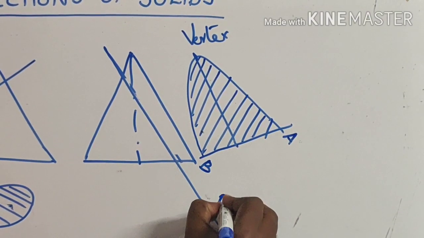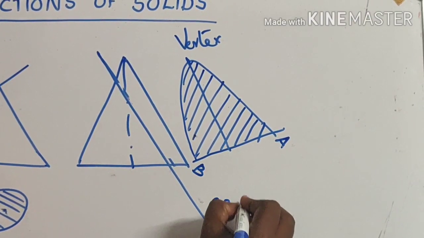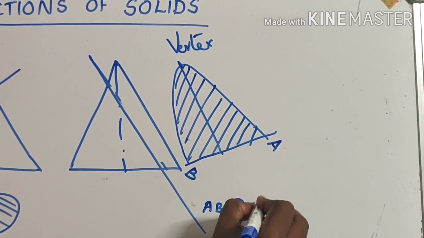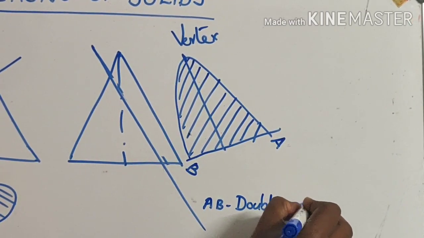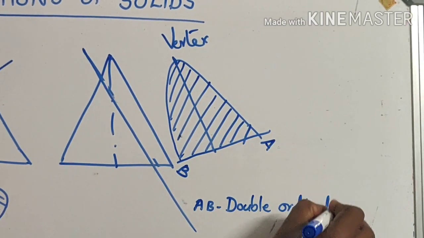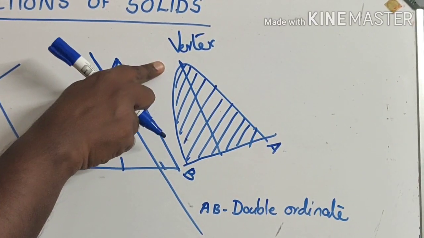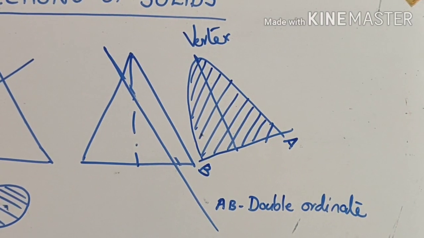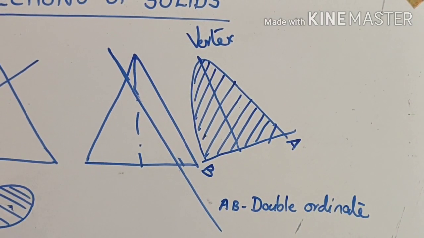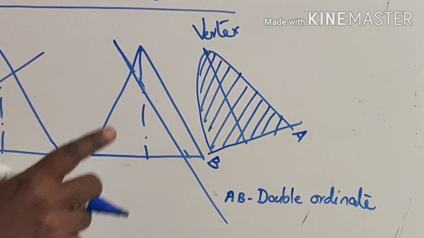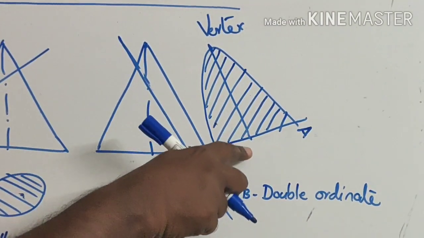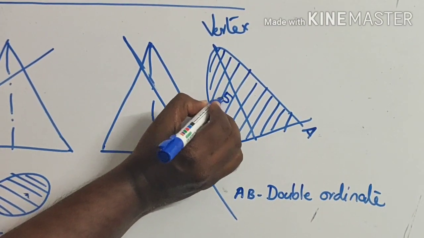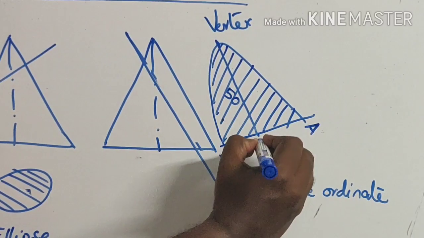So AB is known as the double ordinate. The distance from the vertex to the double ordinate is known as the abscissa. In the question it is given that the distance from the vertex to the abscissa is 50 and AB is also 50.